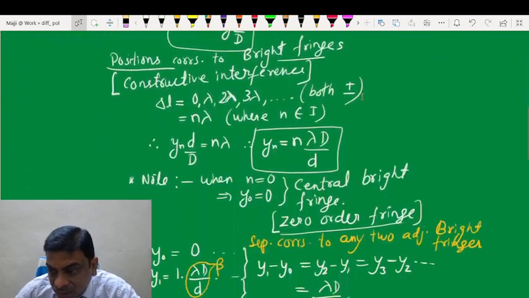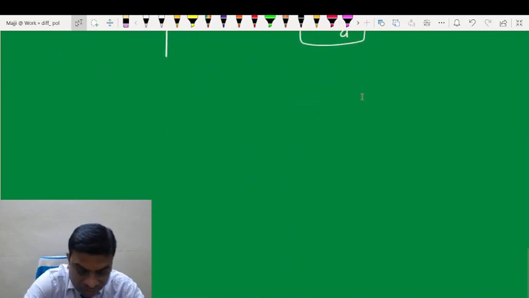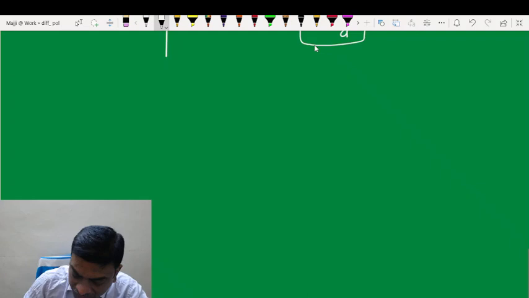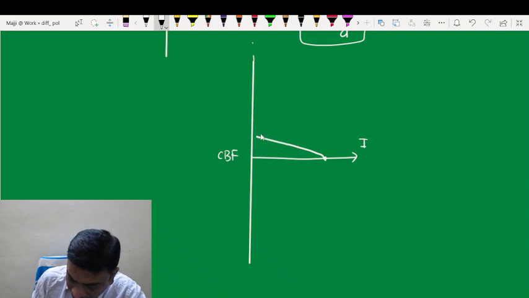Okay students. So let me finally plot the intensity here, and then probably we can wind up this. Now let us see the intensity. The intensity will be something like this. See, at the central bright fringe, the intensity will be maximum. Then it will be minimum at the first dark fringe, then again maximum at the first bright fringe, then again minimum at the second dark fringe, and so on.